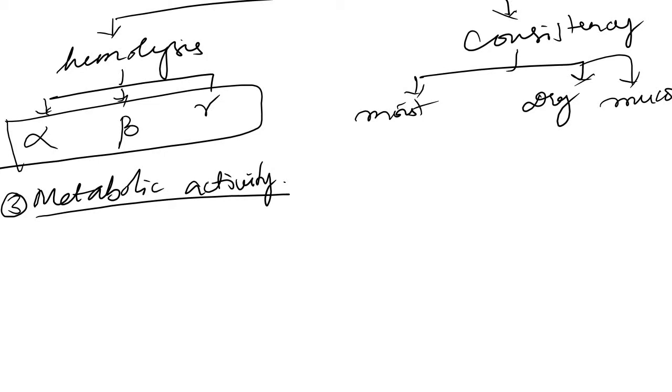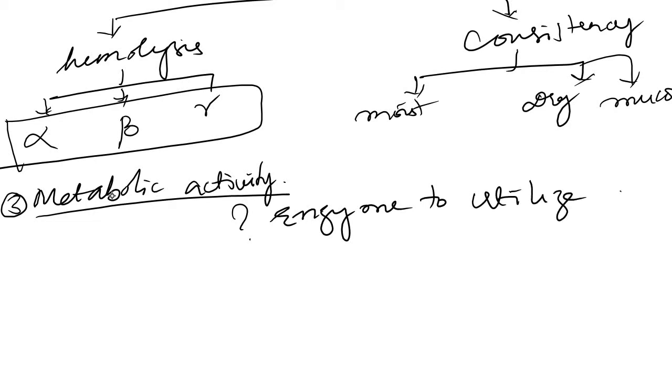For example, the most common one, you want to know whether it has an enzyme to ferment or utilize a particular sugar.